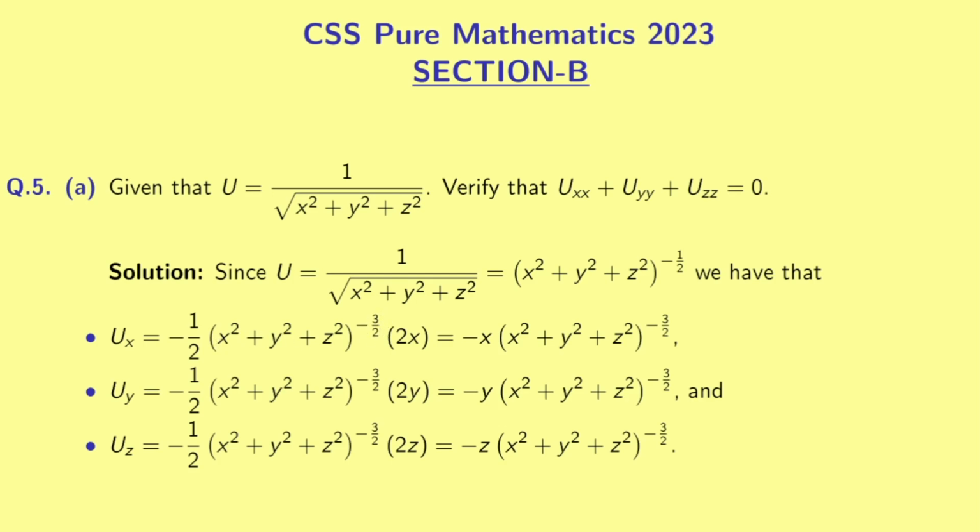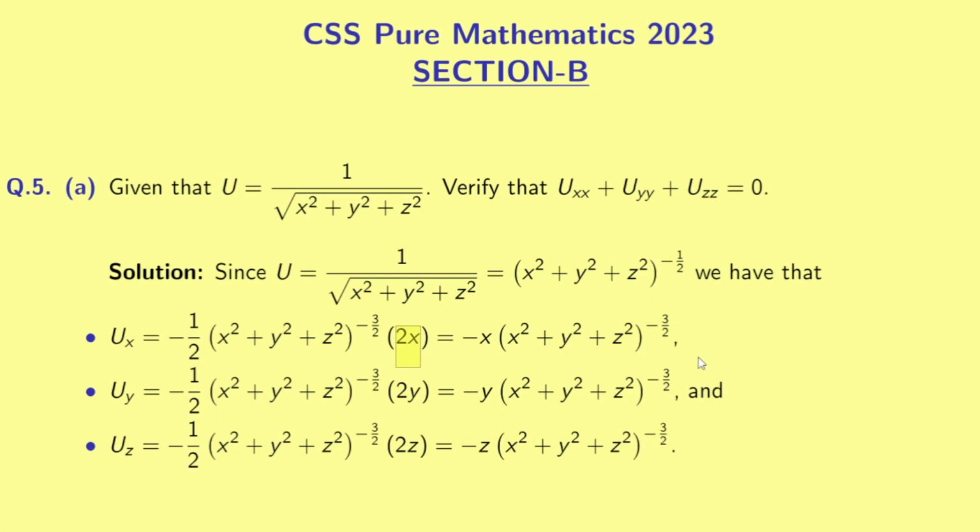And since I'm calculating the derivative with respect to x, by the chain rule I have to multiply by the derivative of this expression with respect to x, which is 2x. So this 2 cancels with the 2 I had in the denominator, and I get minus x times x squared plus y squared plus z squared to the power minus 3/2.